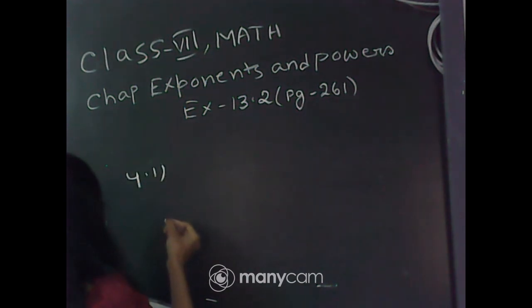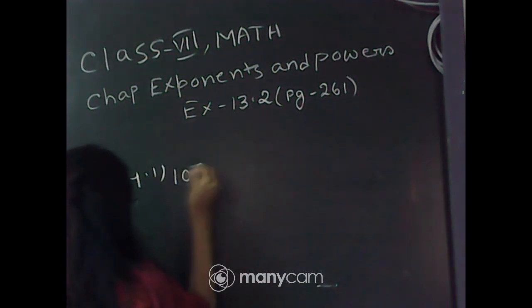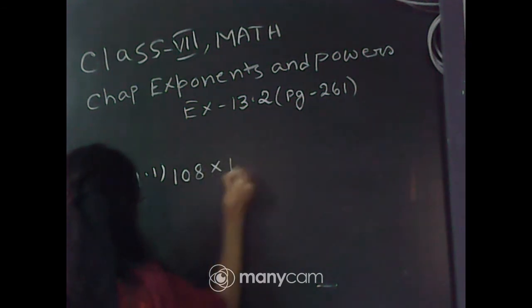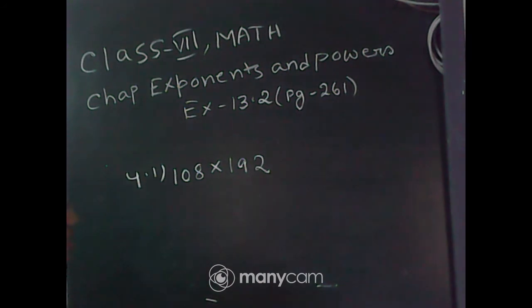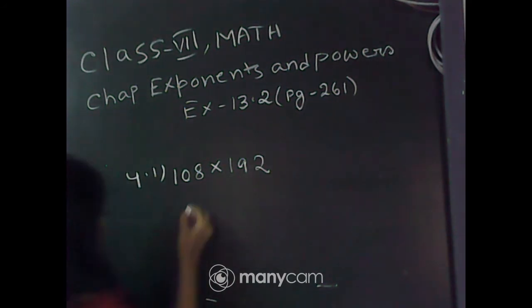Here, the given number is 108 into 192. We express this number as a product of prime factors.